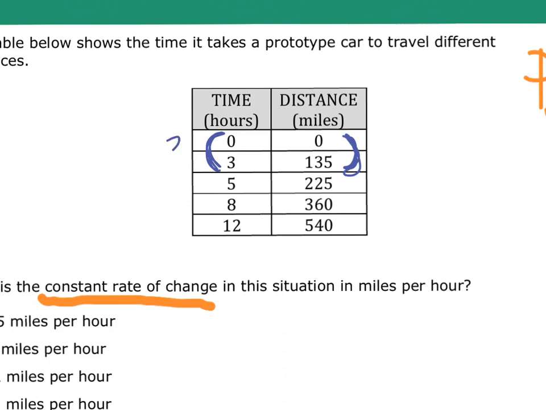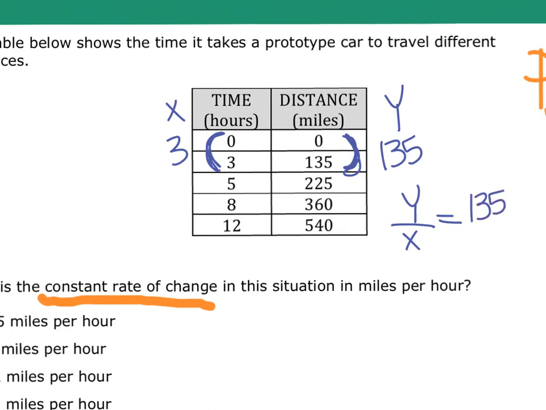So from 0 to 3 is 3, from 0 to 135 is 135. We take the y value, which is the one on the right, and the x value, which is the one on the left, and we stack them together to make a fraction, y divided by x.